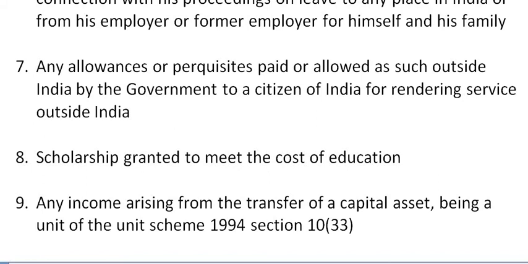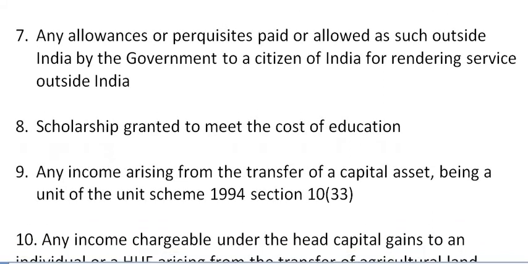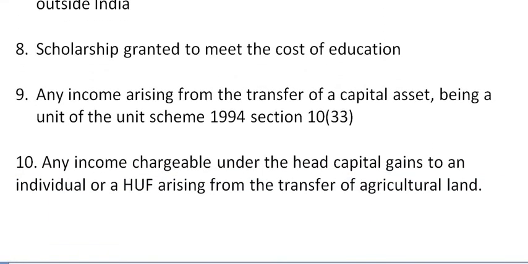Next, any income arising from the transfer of capital asset being a unit of the Unit Scheme 1994, which is given in section 10 subsection 33. And the last point, any income chargeable under the head capital gains to an individual or Hindu undivided family arising from the transfer of agricultural land is also exempted from tax.